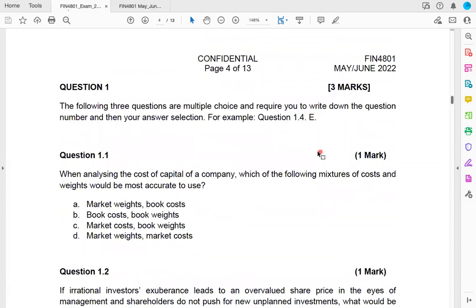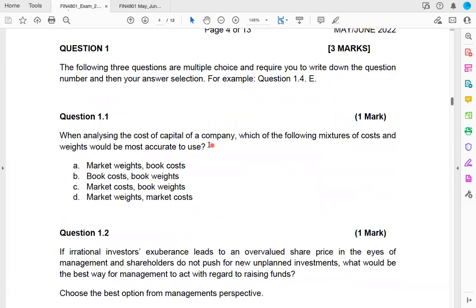Okay, so let's start. Question number 1 says, when analyzing the cost of capital of a company, which of the following mixtures of costs and weights would be most appropriate? This is a simple bookmark question. We know that when we are analyzing the cost of capital, ideally we should use market weights and also market costs, because the market weights and market costs represent what investors are requiring to put money into the company.